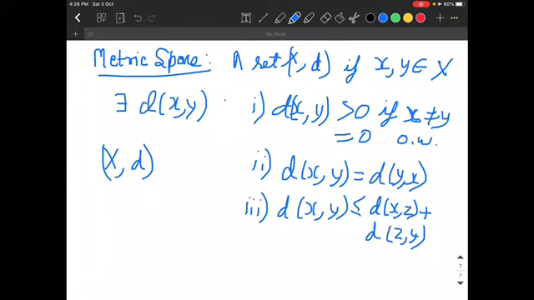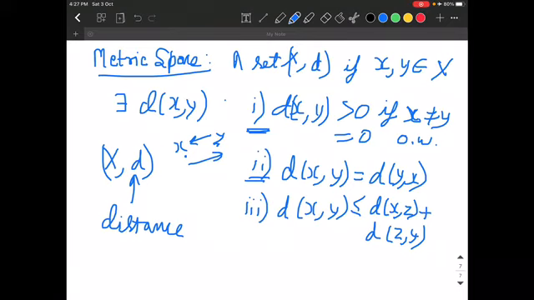So note that this function d is called a distance. The first one is telling us that if the two points are different, then the distance between them should always be positive, and it should be 0 if they are the same. The second is saying that the distance is symmetric, so distance from x to y should be equal to distance from y to x.